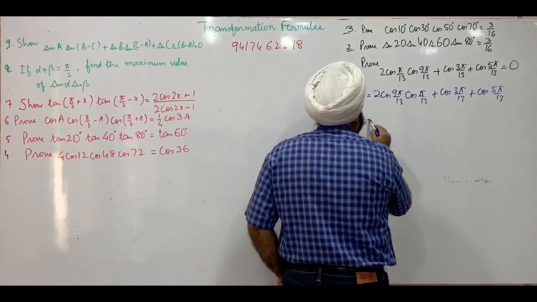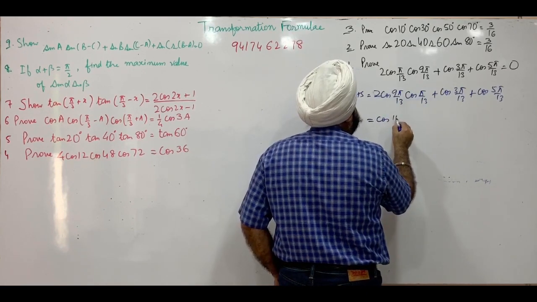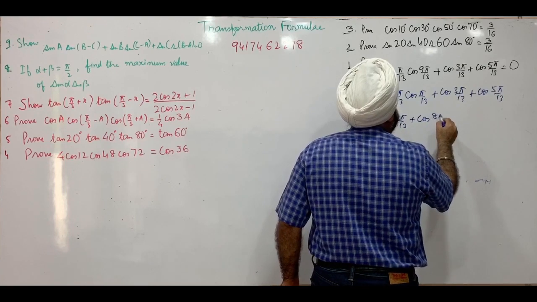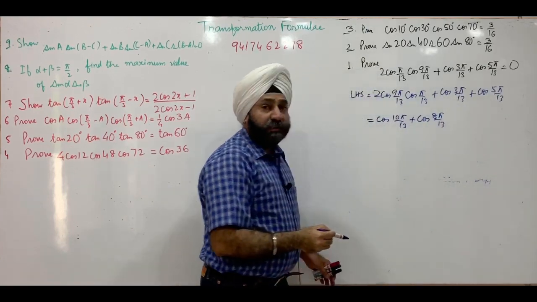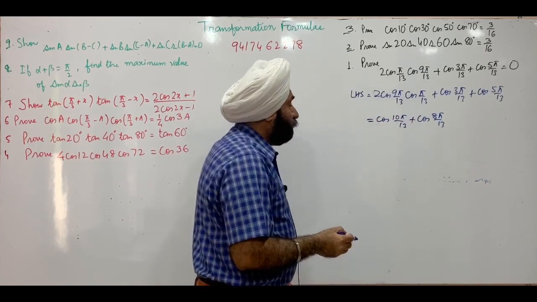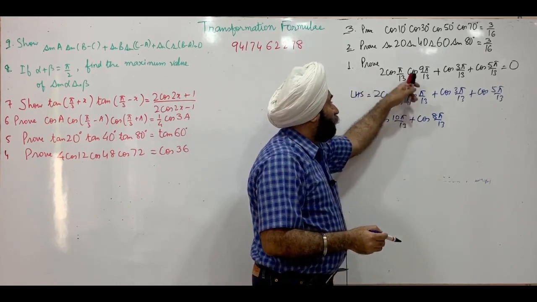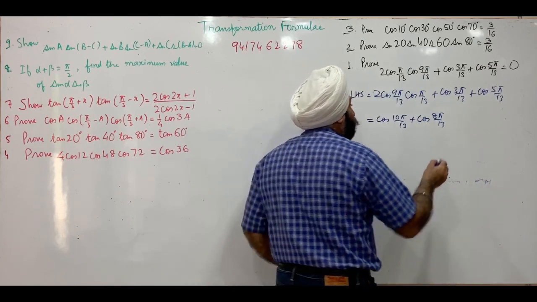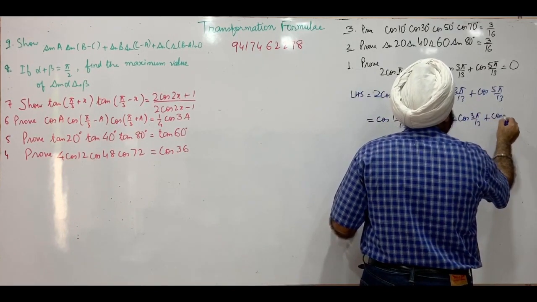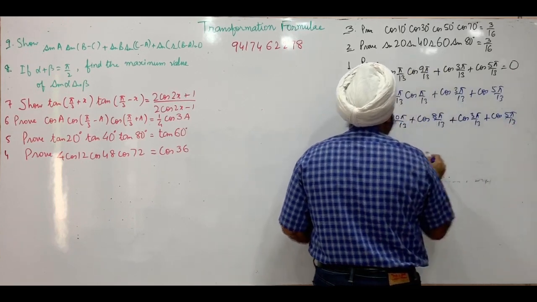2 cos A cos B is cos(A+B) plus cos(A-B). So A plus B will be positive, but if this is greater than this, A minus B is also positive. So this change avoids the negative sign. Plus this is cos of 3 pi by 13, cos of 5 pi by 13.